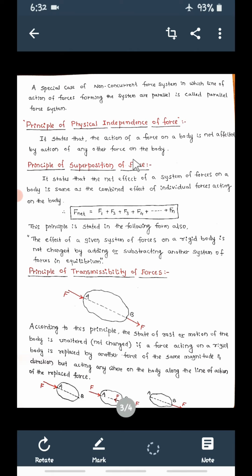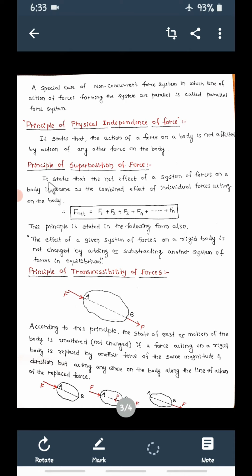If I add one more force, the effect of that force is not going to affect the effect of the first force, because the effects of individual forces will be different. So that is physical independence of force. Each force will have its own effect on that particular body. So that is called the principle of physical independence of force.